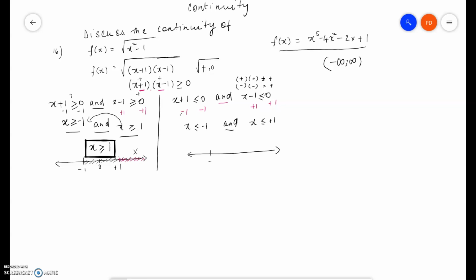So we have negative 1 and then of course 0 in the middle and positive 1 on the right. We need to make sure that x is less than or equal to negative 1, and we also need to make sure that x is less than or equal to positive 1. When I say less than, it's to the left of or equal to, so that's why I have a solid dot there.